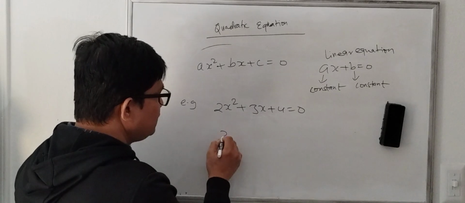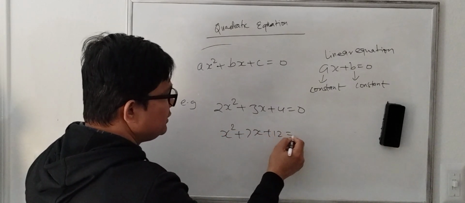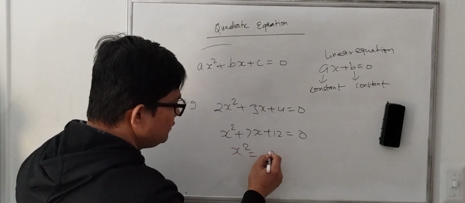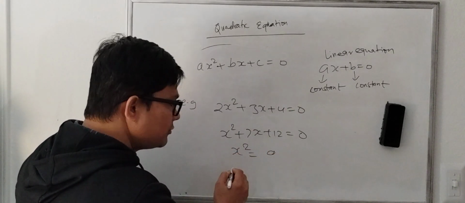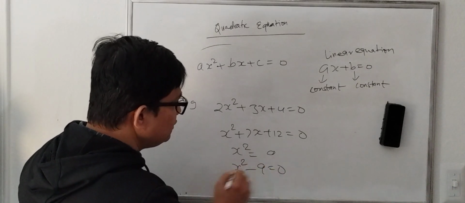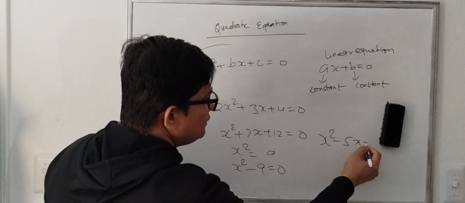And then it can have x squared plus 7x plus 12 is equal to 0. Or it can also have x squared is equal to 0. It can have x squared minus 9 is equal to 0. It can have x squared minus 5x equal to 0.